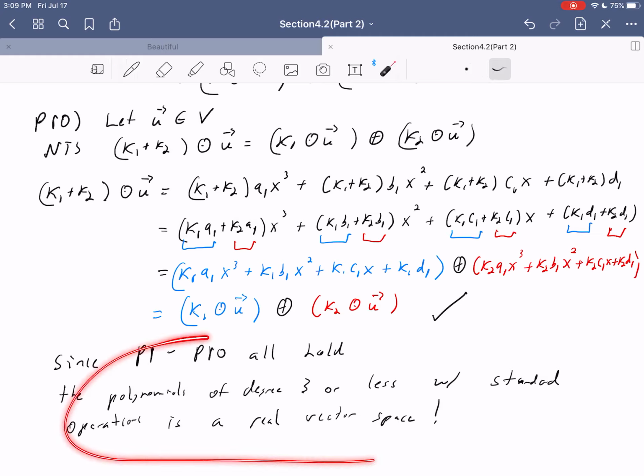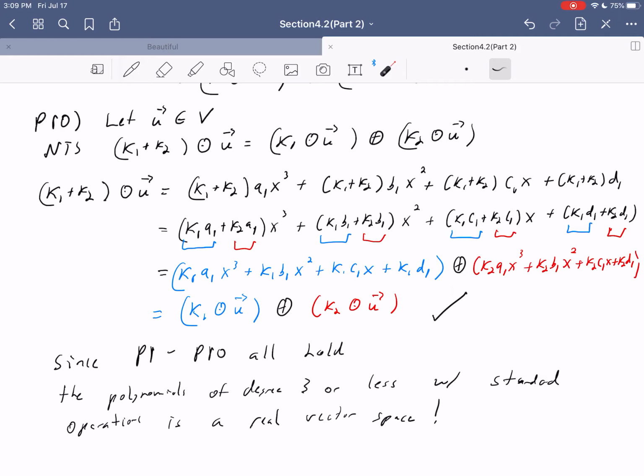So we've just gone ahead and proven our first full example of an actual vector space. We've confirmed that all 10 properties hold. The polynomials of degree 3 or less will act as a real vector space.